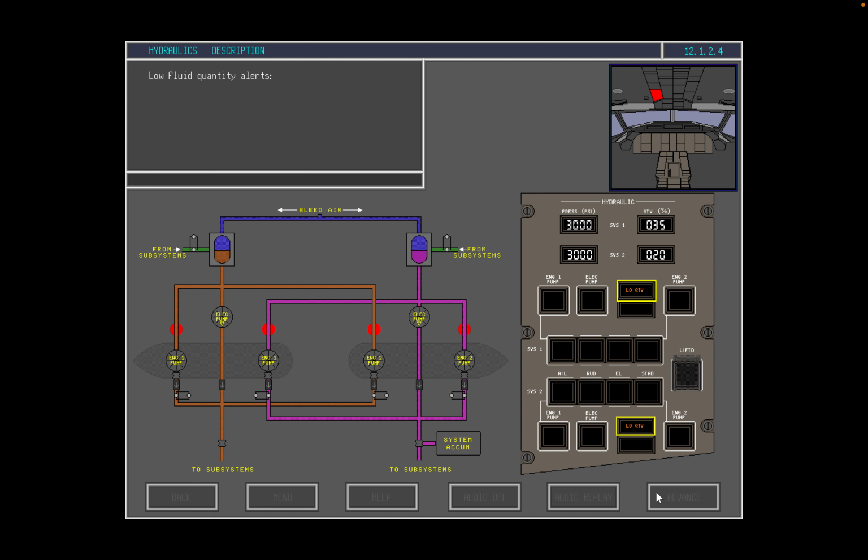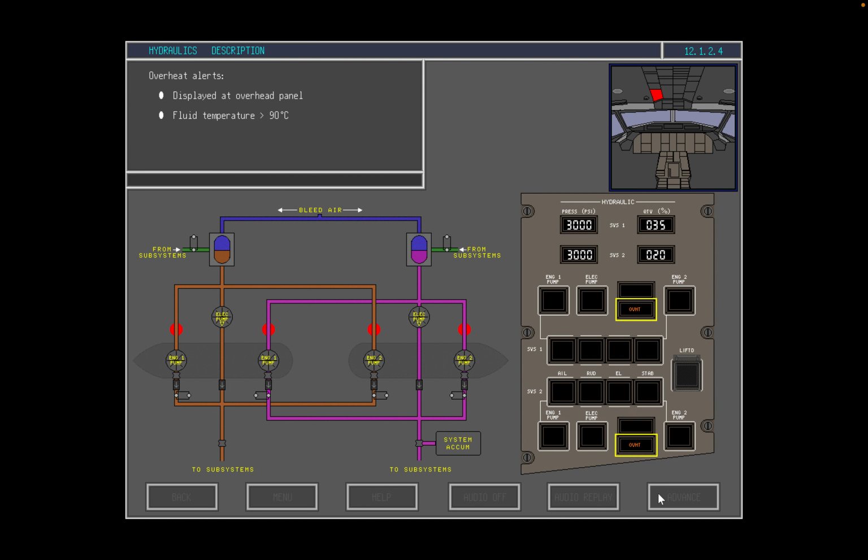The sensors at the hydraulic reservoirs detect low hydraulic fluid quantity and illuminate the amber low quantity light on the hydraulic panel. For System 1, low quantity is annunciated if the reservoir is below 35% tank capacity. And for System 2, low quantity is annunciated if the reservoir is below 20% tank capacity.